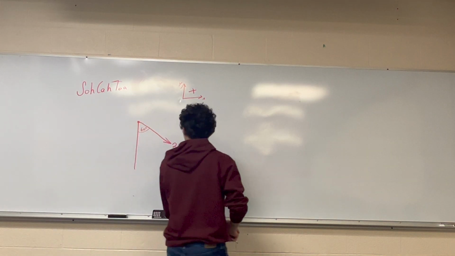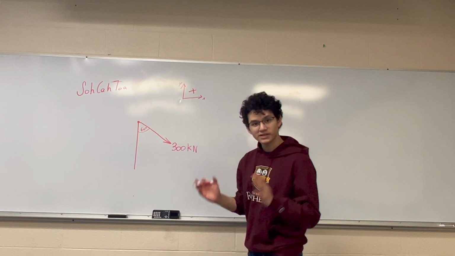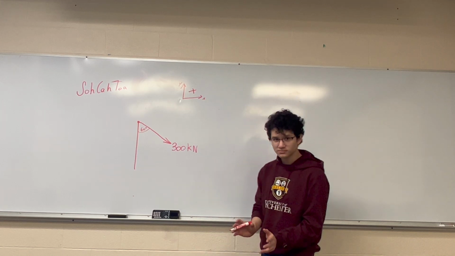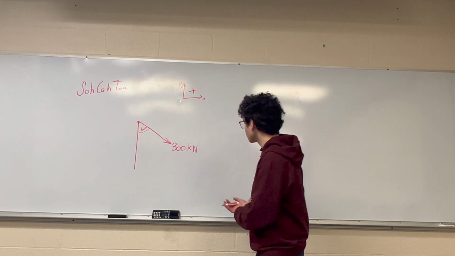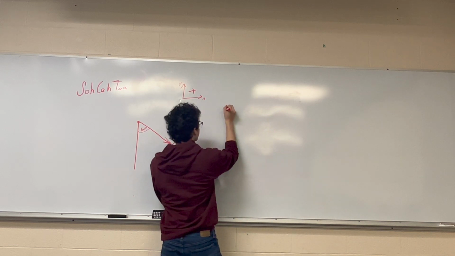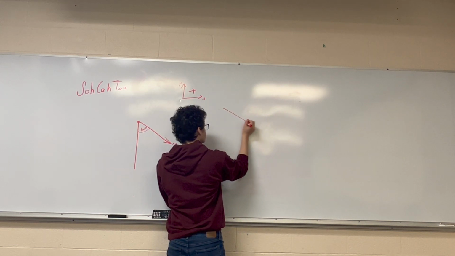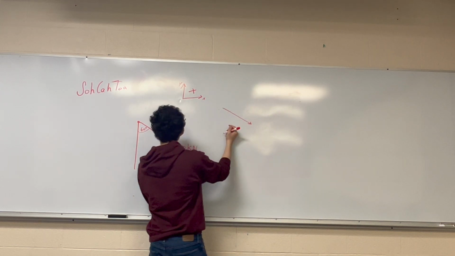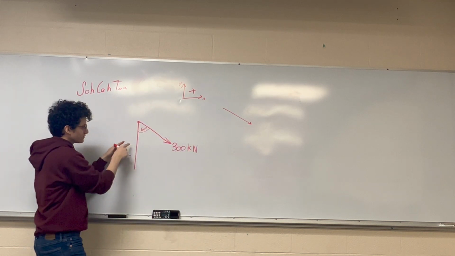So let's get started. We can try the triangle, and I suggest that you do when you're starting to learn this. So this force is again acting down to the right.